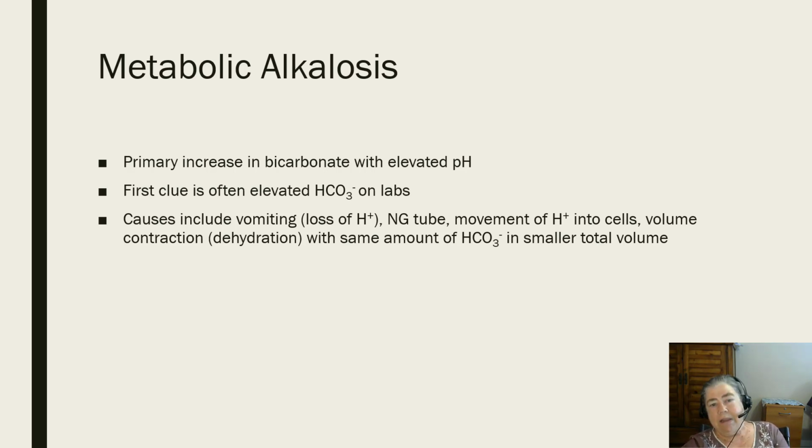You can get dehydrated by losing fluids. So diarrhea is dehydration, but in diarrhea you lose bicarb. In volume contraction dehydration from not drinking, the bicarb doesn't go away, so it's in a smaller total volume.